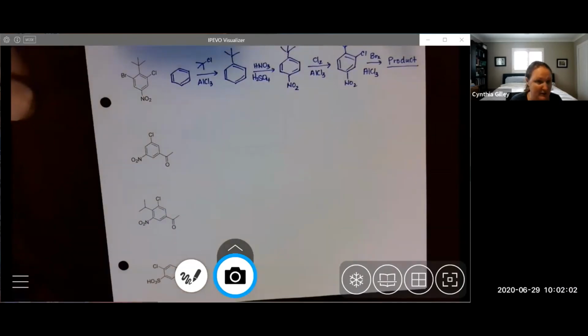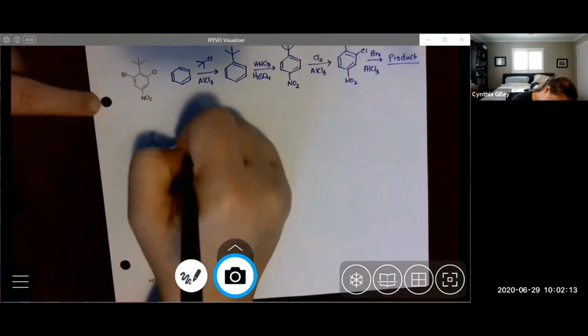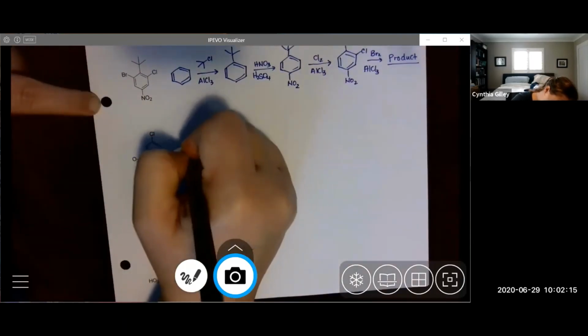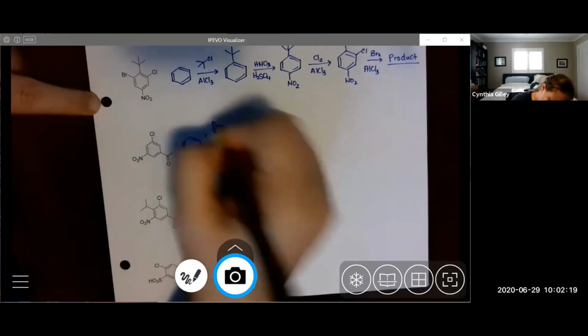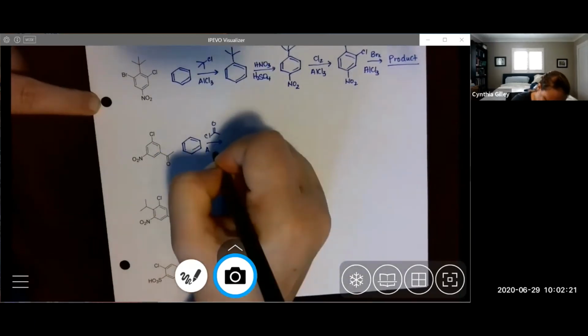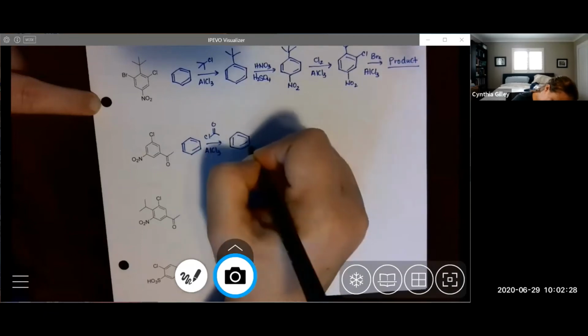Just remember, we cannot do a Friedel-Crafts reaction on a moderately or powerfully deactivated ring. So I actually have to sequence this correctly, in that I need to introduce the acyl group first. If I tried to do the nitro group first, it would not work. Introduce the acyl group first.